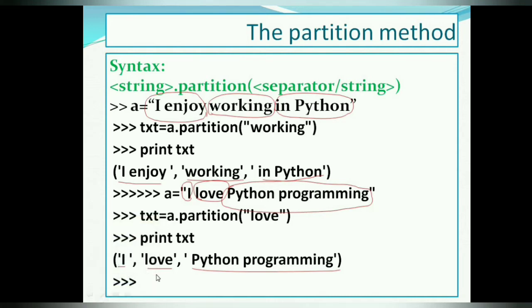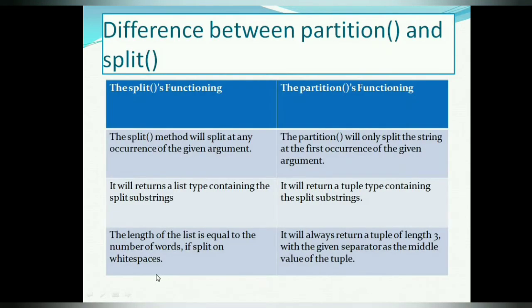Now we will discuss the difference between the split method and the partition method. The split method will split the string at any occurrence of the given argument, and the partition method will split the string at the first occurrence of the given argument. Split will return a list containing the split substrings.